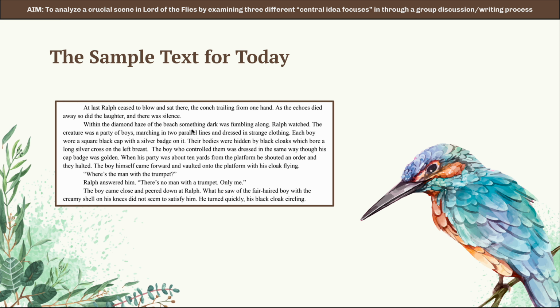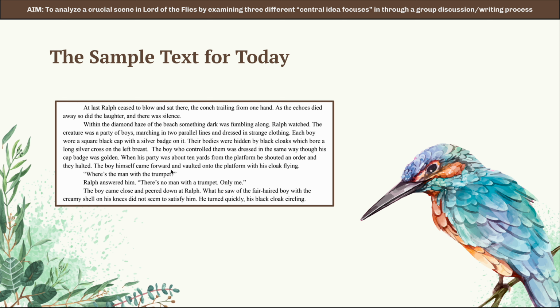So first thing we have is this introduction of the choir boys, and they're a key group of characters in the text. This is the first scene with them. So that to me is narrative structure. I'm analyzing the beginning of this book and something that's important about the beginning. And then on the smaller scale, but not the smallest scale, we have Ralph and Jack meeting. So Jack is the head of the choir.